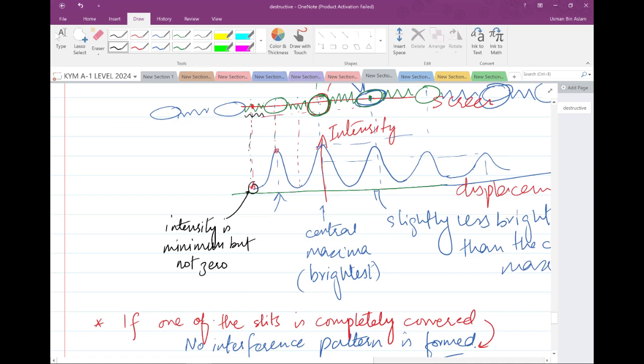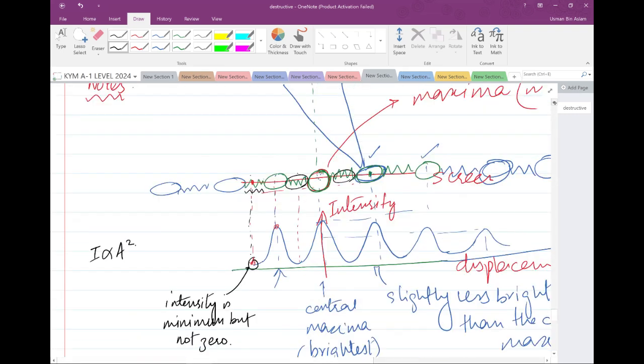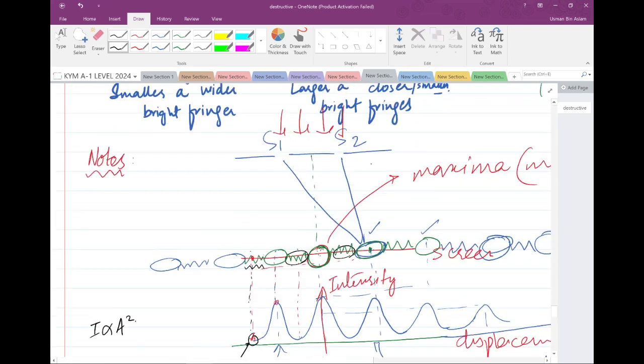What does that mean? We remember that intensity was directly proportional to the amplitude square. Wherever there is a minima formed or a dark spot that is formed, waves are unable to completely cancel each other out. Why are they not able to cancel each other out completely?